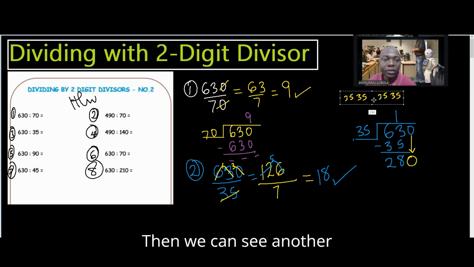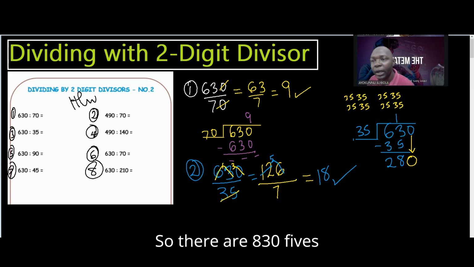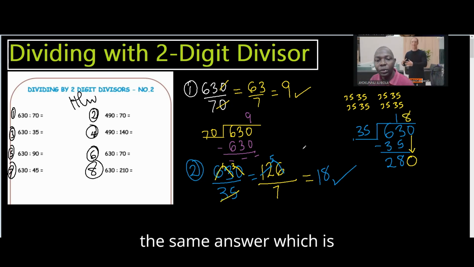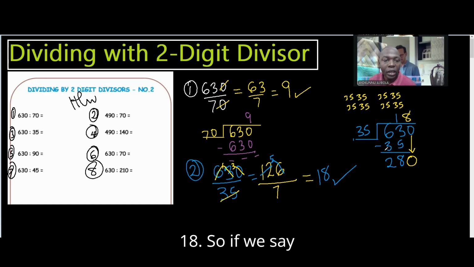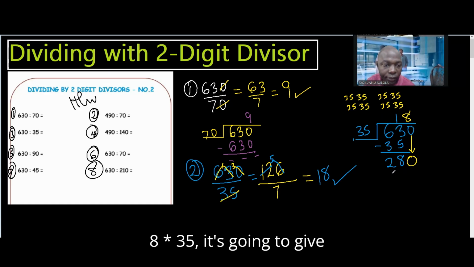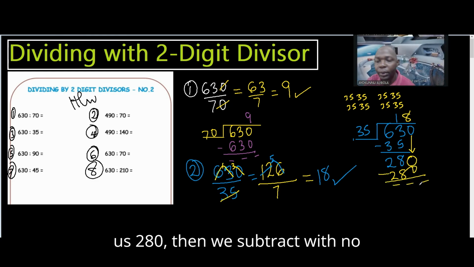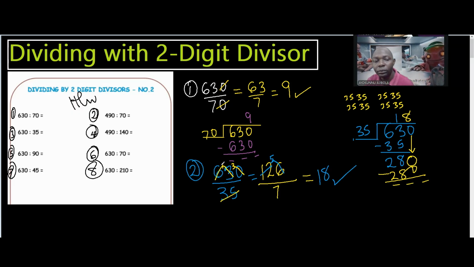Then we can see another 4 to give us 280. So there are 8 35s in 280. We'll put 8. So we got the same answer, which is 18. So if we say 8 times 35, it's going to give us 280. Then we subtract with no remainder. Is that clear, Miggy? Yeah.